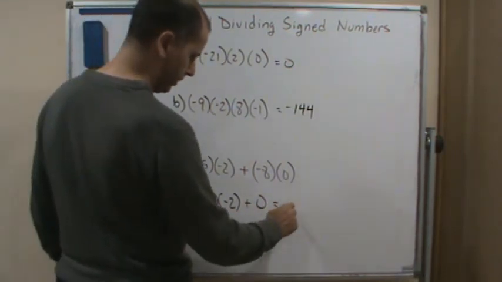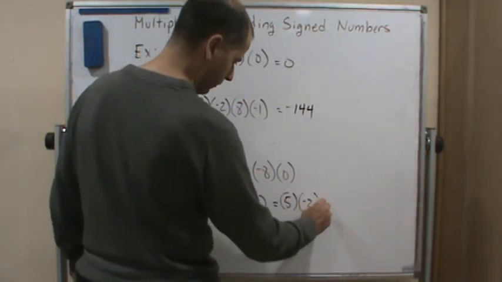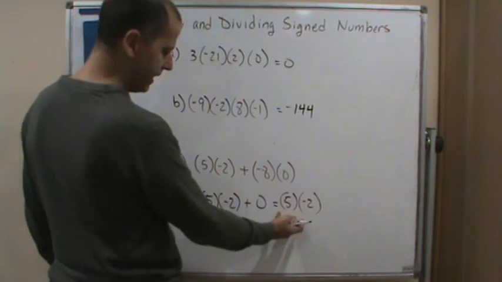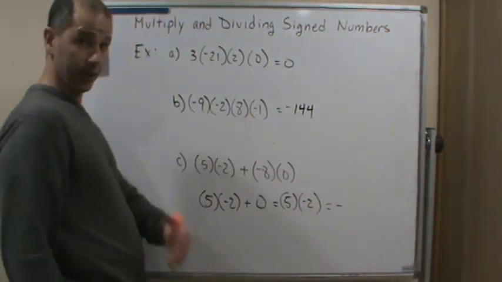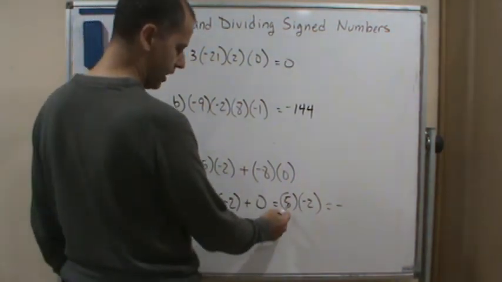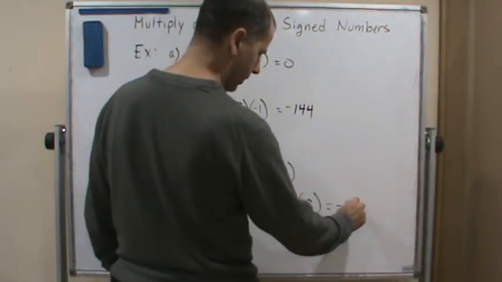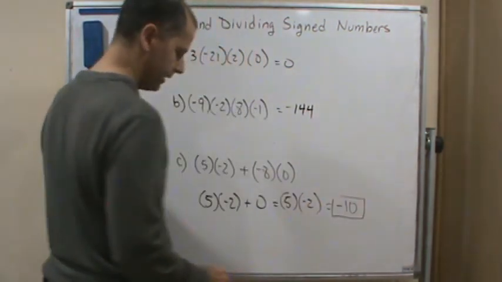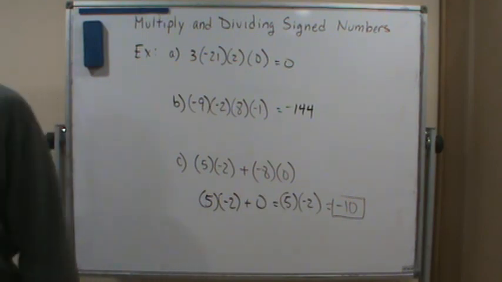So it's just going to be the same as 5 times negative 2. So now what's this? Well, it's going to be negative, because I've got an odd number of negatives. So 5 times 2 is 10, which is going to be negative 10. And that's the answer. See you next time.